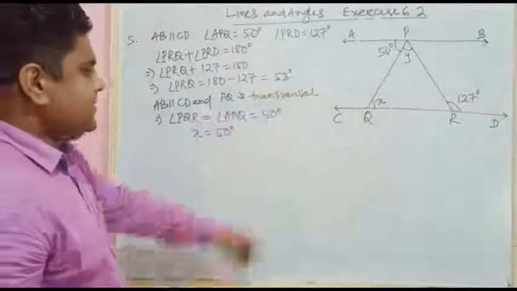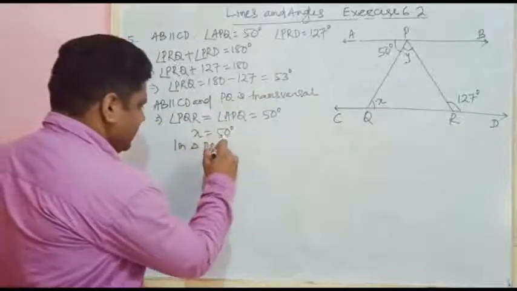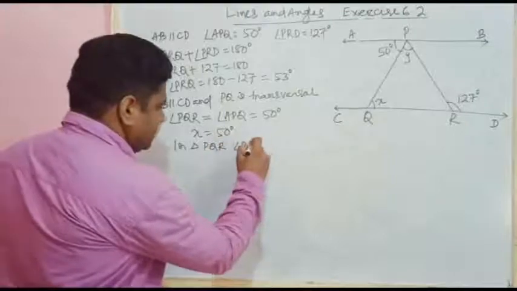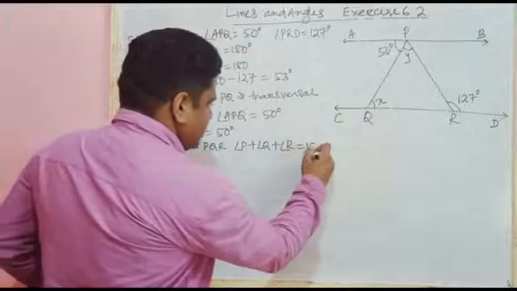Now in triangle PQR, angle P plus angle Q plus angle R is equal to 180 degrees.